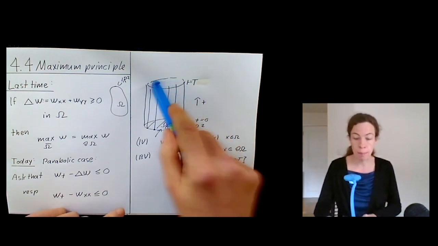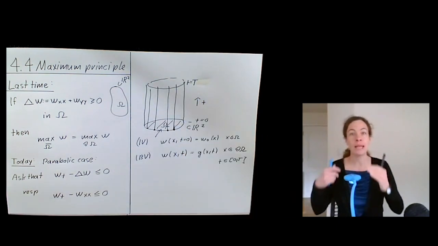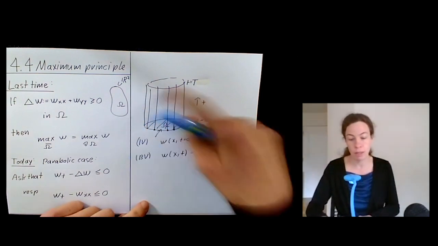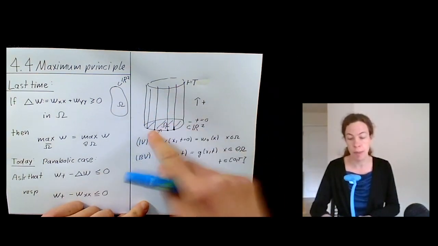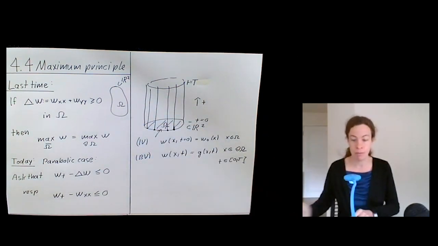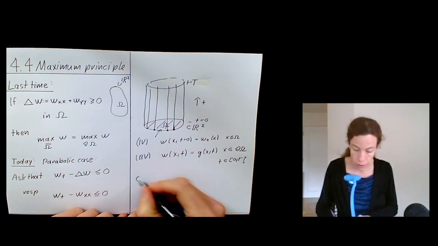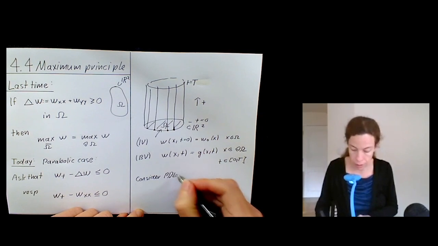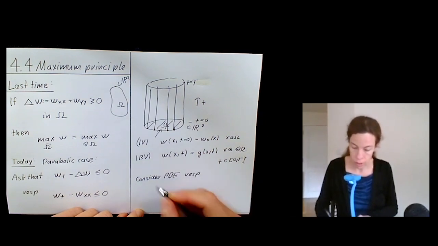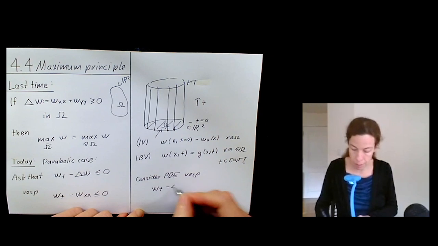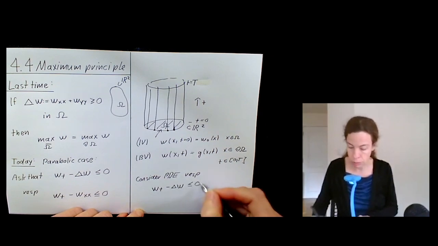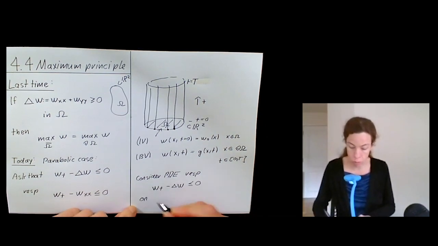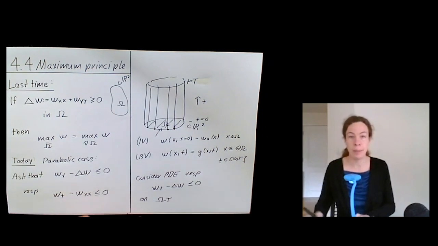So this part up here should really be considered together with the interior of this domain, the interior of this glass. And we're going to consider the PDE, respectively the condition here, Wt minus Laplacian of W less than or equal to 0 on the rest of the domain, and I call this omega capital T.